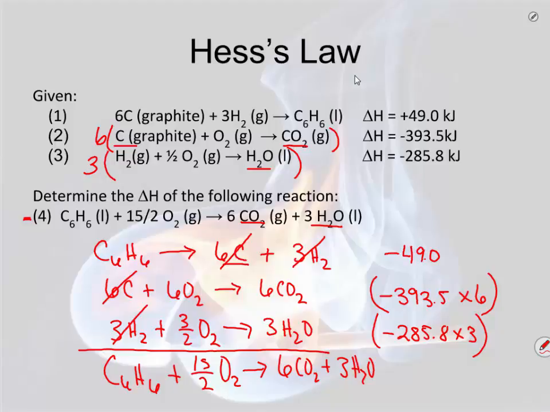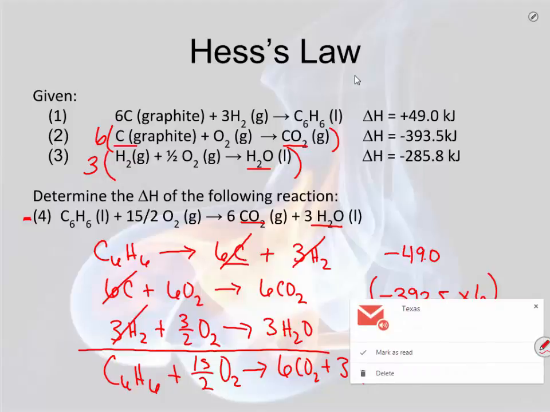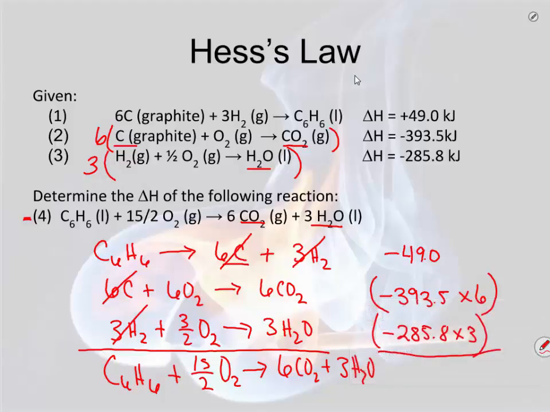So that matches. So now all I have to do is add together my delta H's, making sure I multiply them by the right numbers. So negative 49 plus negative 393.5 times 6 plus negative 285.8 times 3.